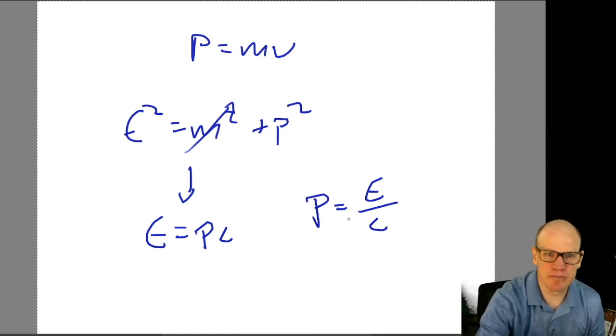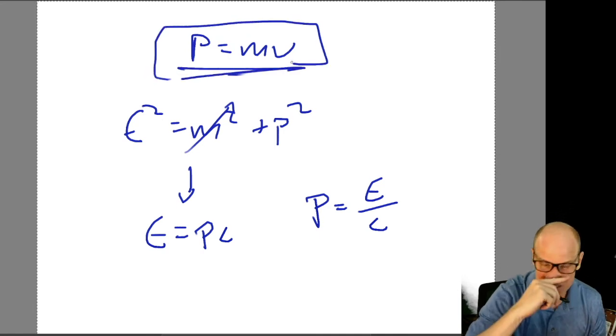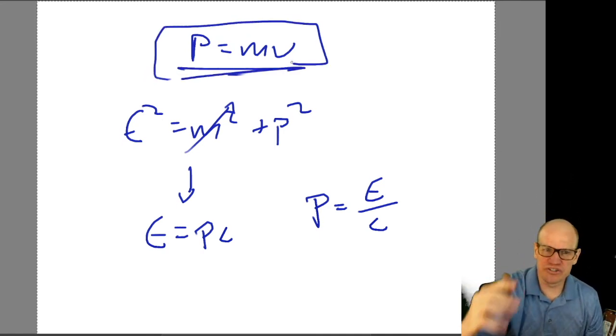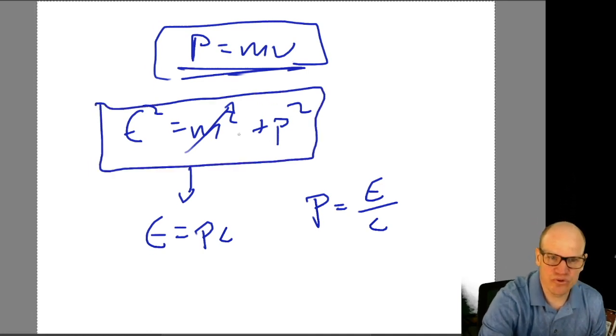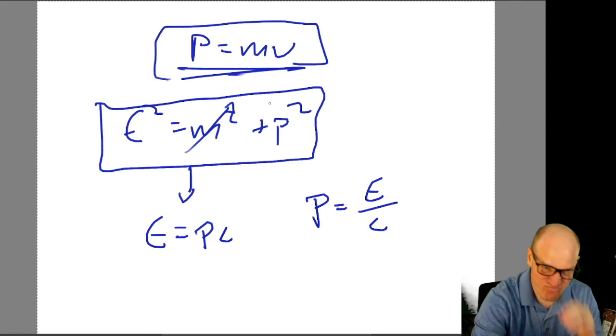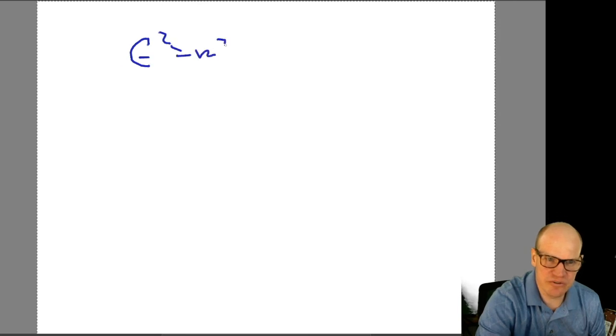This formulation of momentum, this one here, is a low energy limit. It's what you get when you use this equation for a low energy situation. I did the same thing with energy, where E squared equals m squared c to the fourth plus p squared c squared.